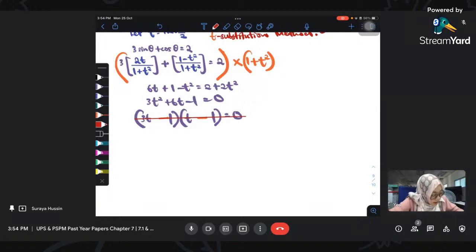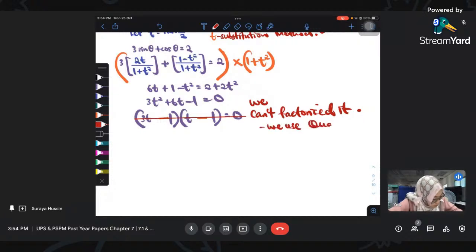We can't factorize it. So if we can't factorize it, we use quadratic formula.